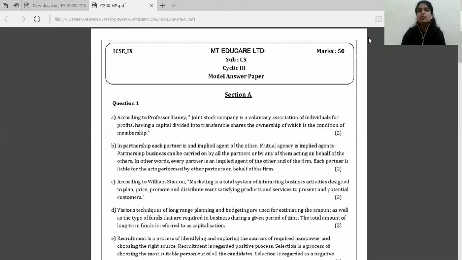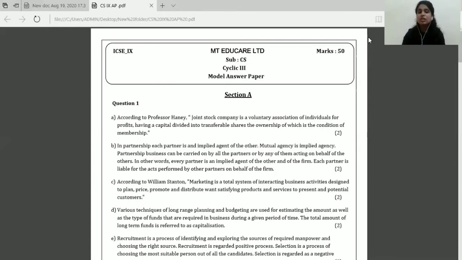So joint stock company is a voluntary association of individuals for profits having capital divided into transferable shares, the ownership of which is a condition of membership. And once you end the definition, you will close your inverted commas. So this is how you write the answer when a definition is asked.